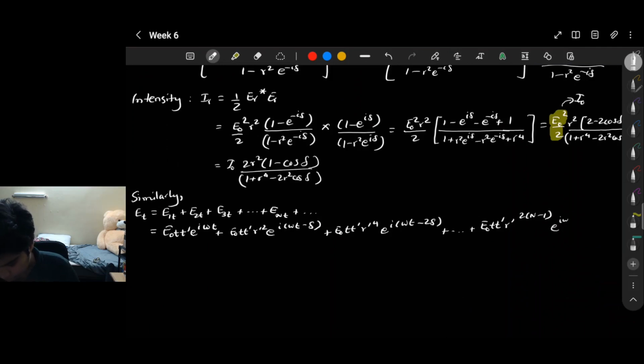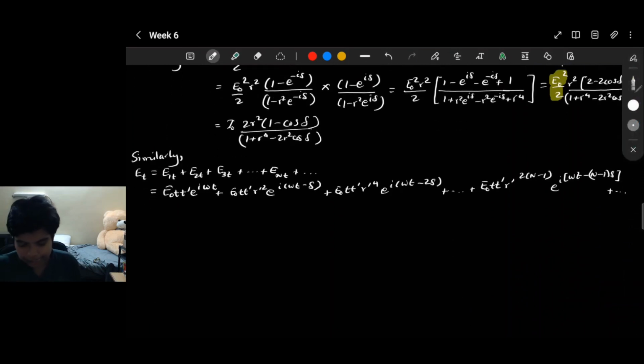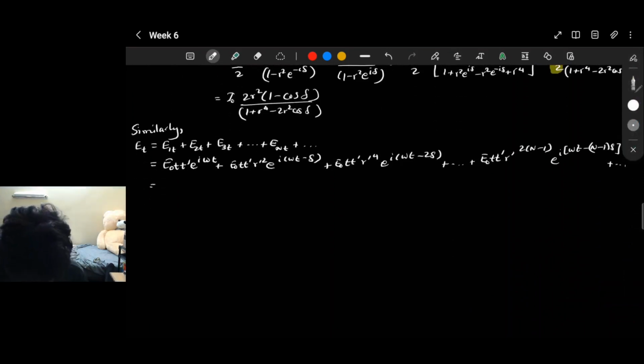Time varying term, and then more terms. Again, we will take some terms common.